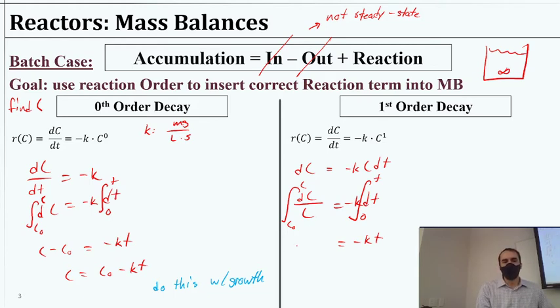So assuming you've got to this point, essentially what we're looking at is the integral of dc over c, and you might remember that the integral of 1 over x dx is something you've seen before in calculus, right? So this integrates to the natural log of x.